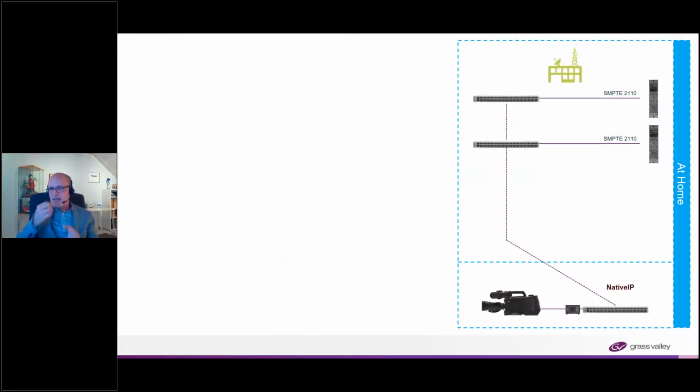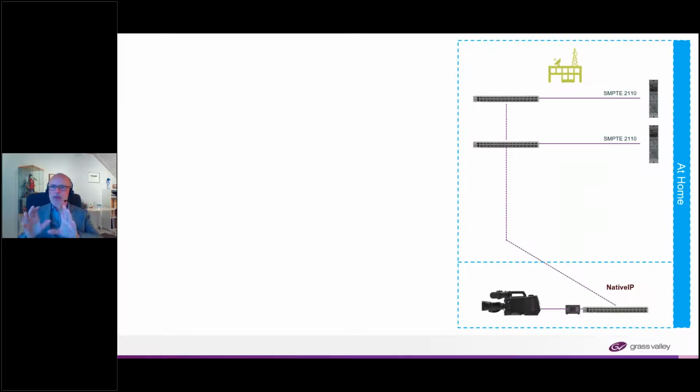Here I want to show you a little bit of a practical use case. For example, you have a TV studio or a production campus somewhere, we call it here the at-home base, where you have your cameras connected over native IP into your IP infrastructure, and everything inside the infrastructure is IP-based, and you can do the control of any camera wherever it is in the building or on the campus just over IP.